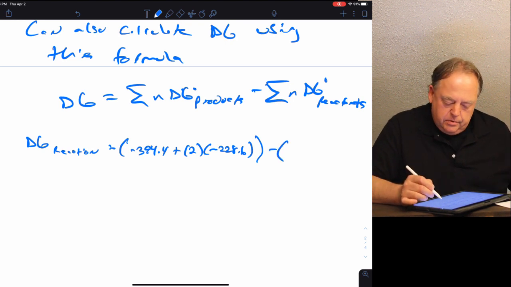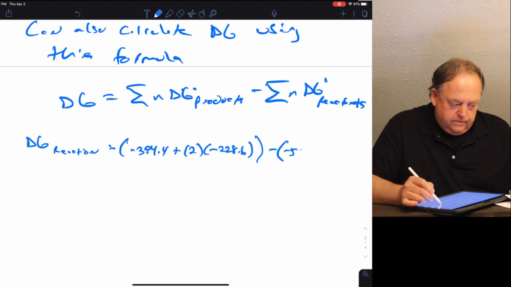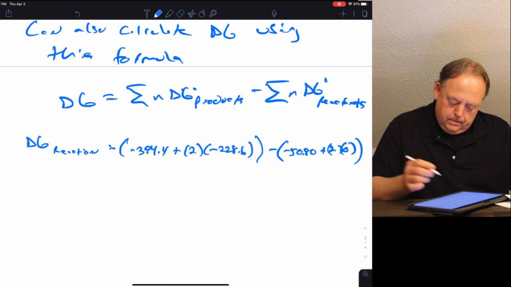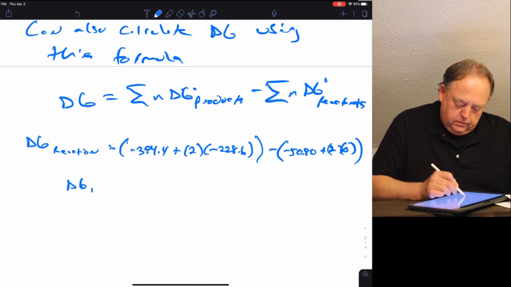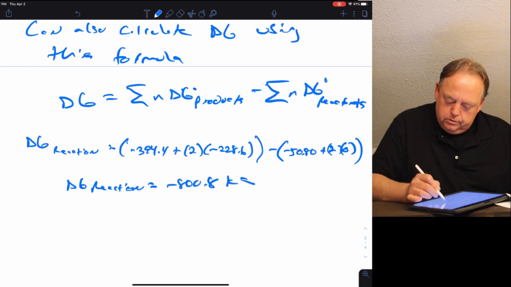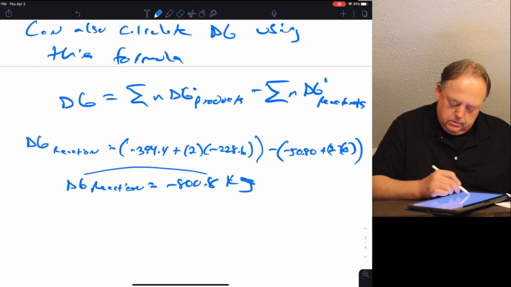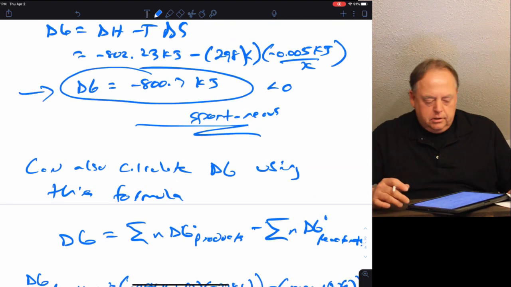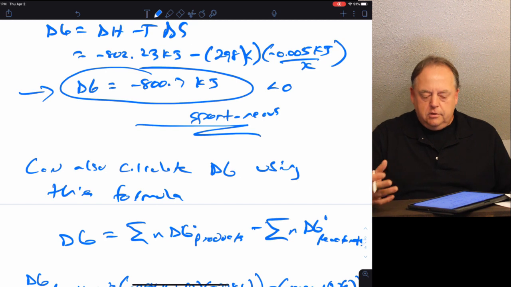Then sum the reactants: negative 50.8 plus 2 for the O2 times 0. So delta G for the reaction is equal to negative 800.8 kilojoules. And so of course you should get the same answer as you got using the delta H minus T delta S equation.